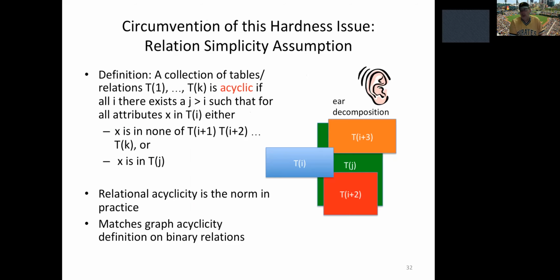One way to do this is to just assume that tables do not have a complex structure. The most standard way of doing this is assuming that the tables are acyclic, which I'm not going to bother to define, but it's a hypergraph notion of acyclicness that generalizes the standard graph notion of acyclicness.